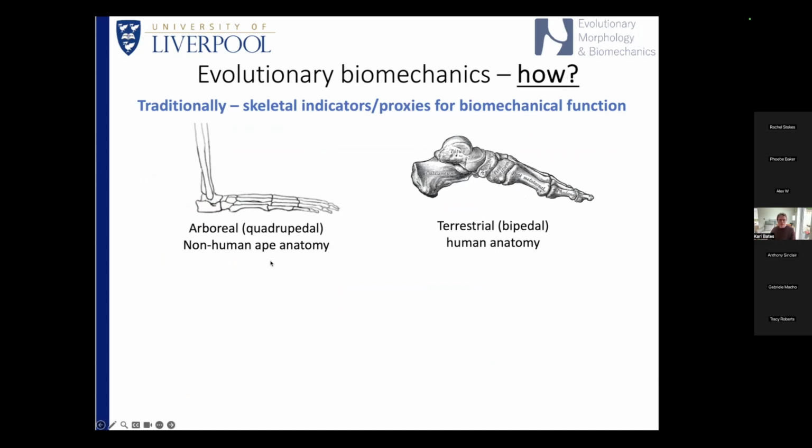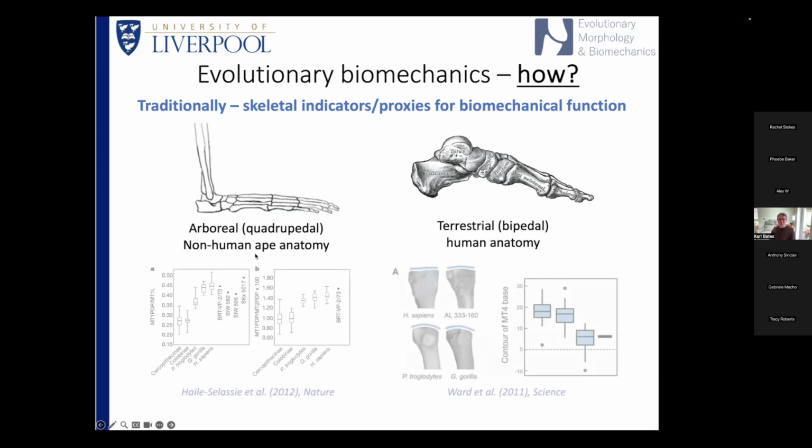Because modern extant arboreal apes have a fundamentally different size and shaped foot to the human foot, which has this stiff arch that supposedly provides this kind of like pole vault situation that makes our bipedalism more efficient, whereas the non-human ape foot is highly flexible for grasping branches.